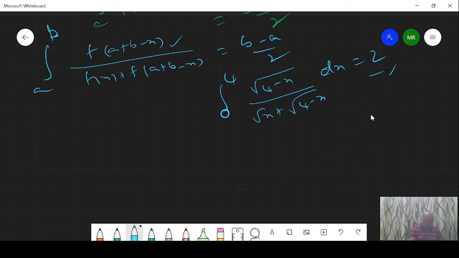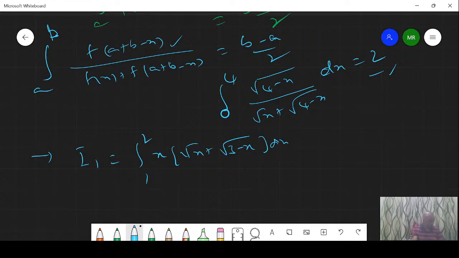What is the next problem? You can see they are asking, the concept is here. I1 is equal to the integral from 1 to 2 of x into root x plus root of 3 minus x, dx.